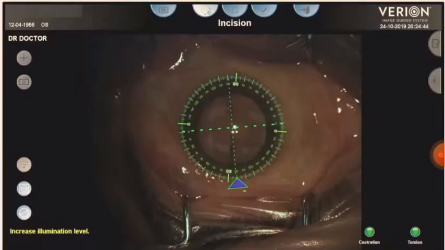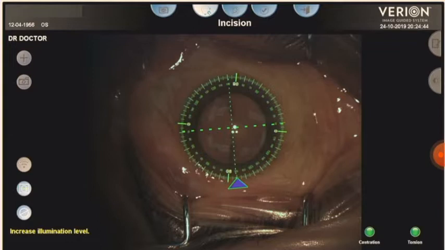The next few slides are some pictures of real-life Verion or digital marker surgery. Over here you can see the digital marker is telling me exactly where to incise. It's telling me to incise at 81 degrees. In my hands, every time I incise, I can induce or reduce astigmatism worth 0.22 diopters, and that is important for me whilst calculating the IOL power.